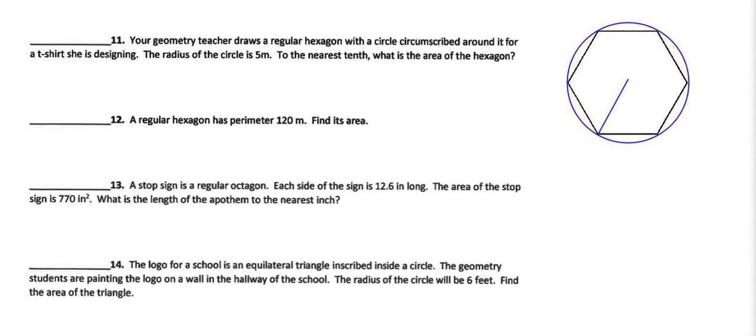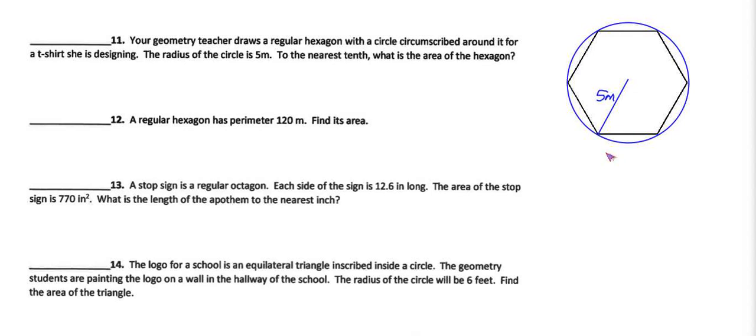So let's look at this radius that's drawn. This radius of the polygon is the radius of the circle. Remember, we talked about that on our opening slide. So on this one, we know the radius. It's given to be 5 meters.